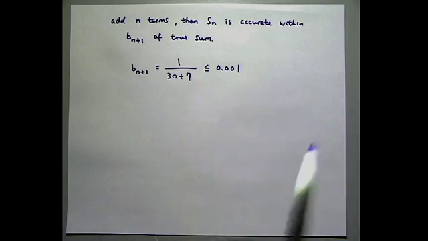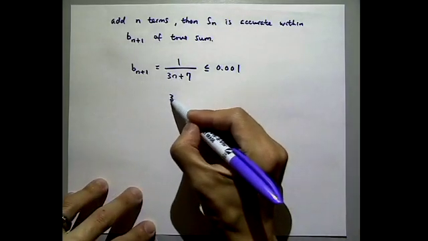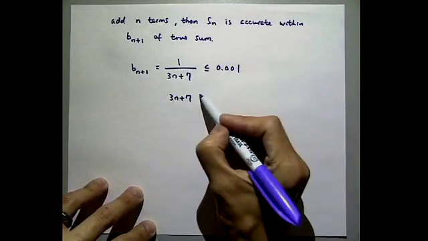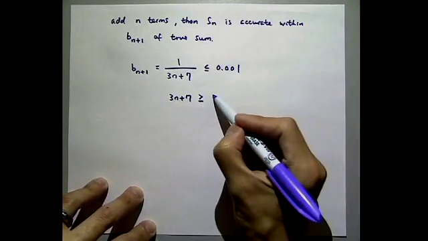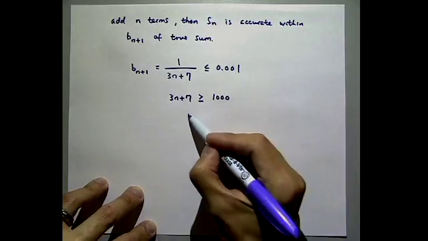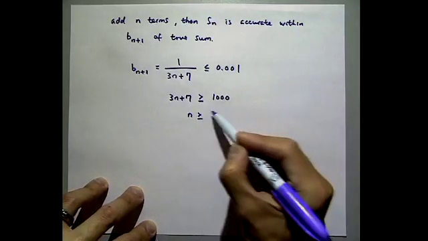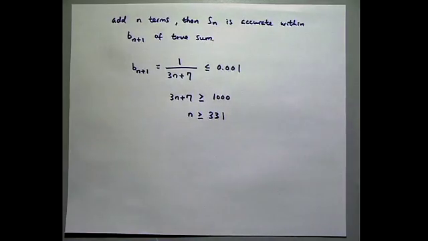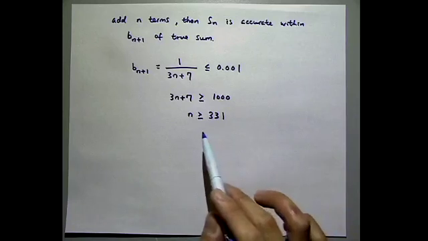The less than tells me after that, I'll have smaller errors. So this is pretty easy from this point on. Divide by 0.001, and we get, what is this, 1,000? Yep. And here I found out that n must be greater than or equal to 331.